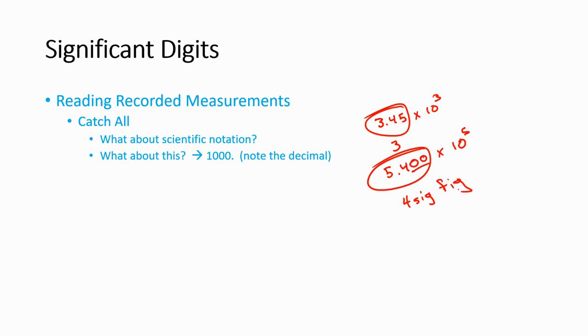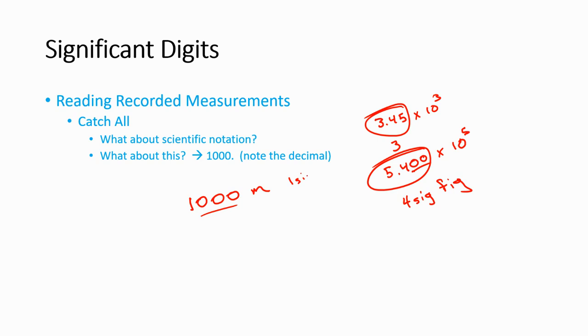And the last one is kind of just a traditional rule. Sometimes you will actually measure zeros that might otherwise appear to be placeholders. If that happens, one of the things that we will do is actually show the decimal rather than mean for it to be assumed. So if I asked you how many significant digits are in 1,000 meters, these are just placeholders because they are to the left of an assumed decimal place.